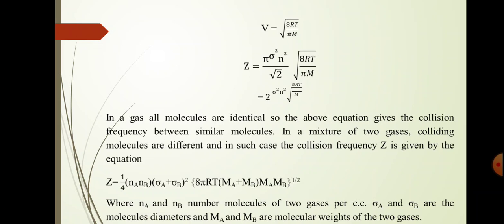Put the value of v in the previous equation of Z. So Z becomes pi sigma square n square into the square root of 8RT upon pi m, upon root 2. Now simplifying this equation, we finally get 2 sigma square n square under root of pi RT upon capital M.